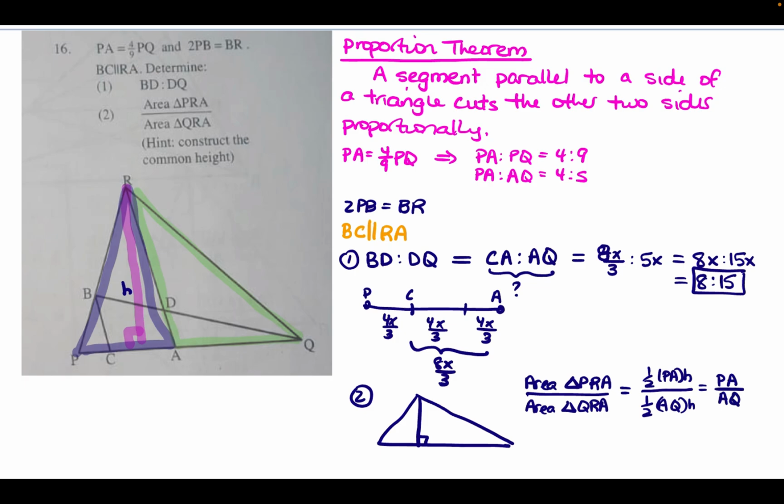And we know the ratio of the bases PA to AQ, because that was back at the beginning of the problem, 4 to 5. There we go.